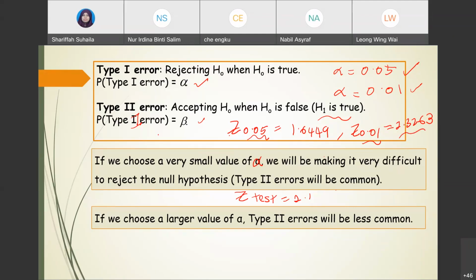So dia punya outcome ataupun dia punya result akan fail to reject H naught. Okay, fail to reject H naught maksudnya accept H naught lah. Okay, so type 2 errors will be common. Okay, but if we choose a larger value of alpha, type 2 error will be less common. Okay, terbaliklah dia punya apa dia? Dia punya complement dia lah ya.